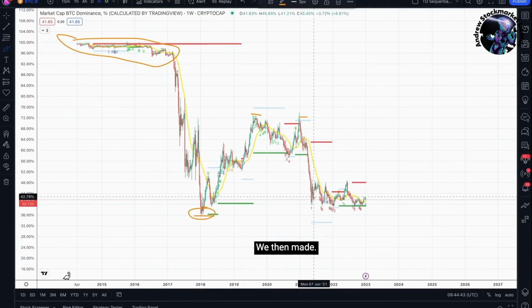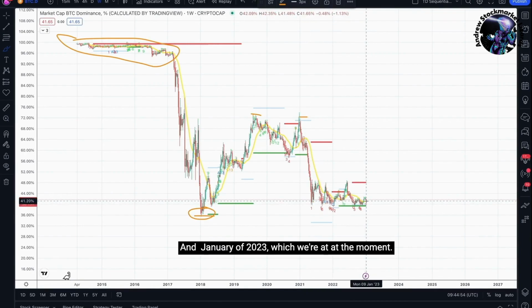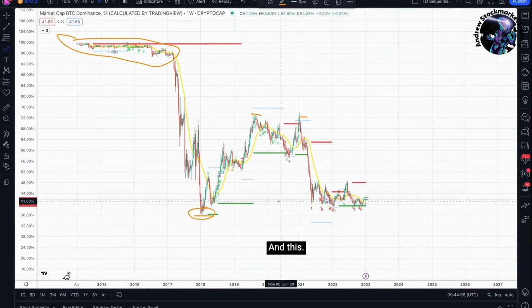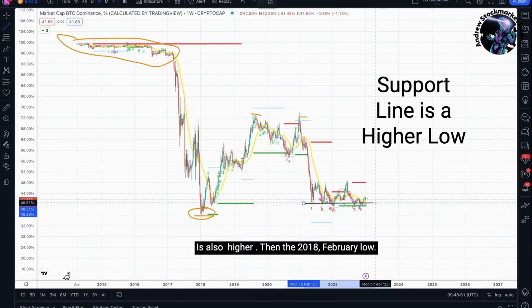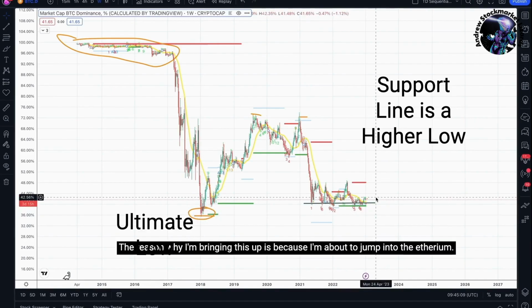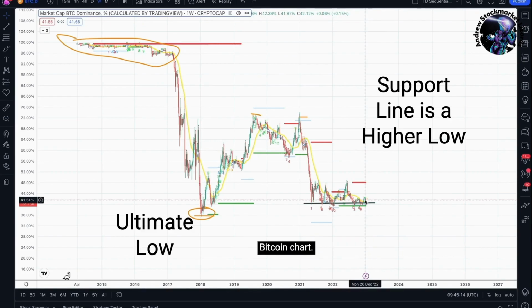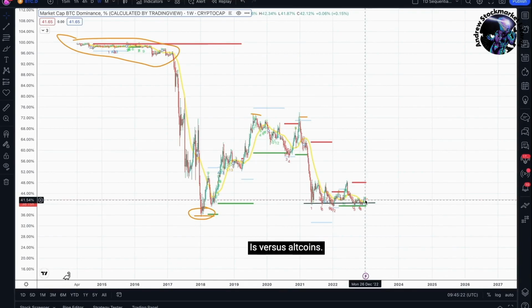We then made another base and we formed a base between April of 2021 and January of 2023, which is where we are at the moment. And this support line is also higher than the 2018 February low. So the reason why I'm bringing this up is because I'm about to jump into the Ethereum Bitcoin chart, and I'd like to then move on to the fundamentals behind what Bitcoin is versus altcoins.